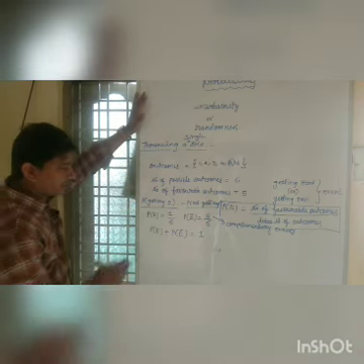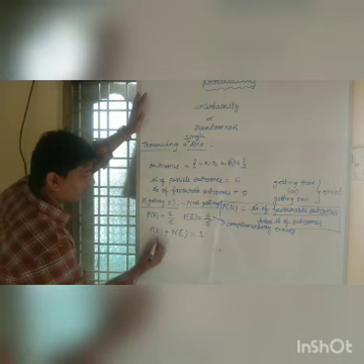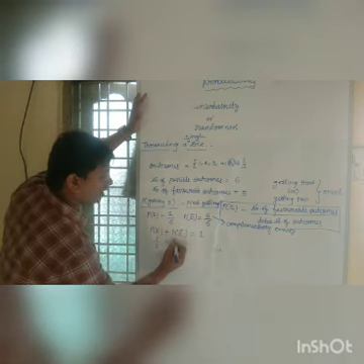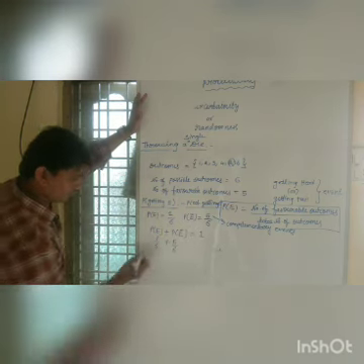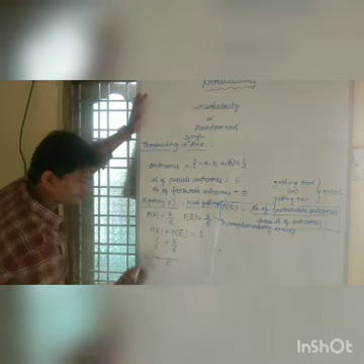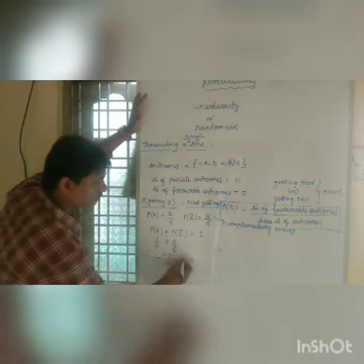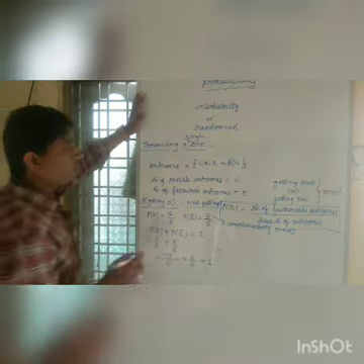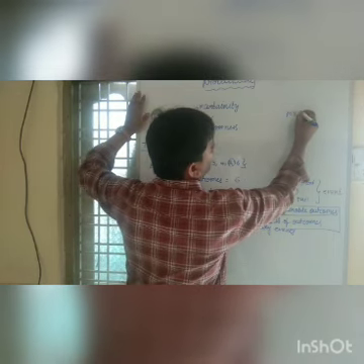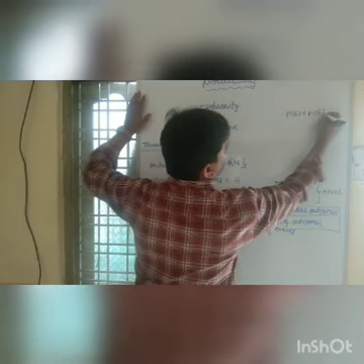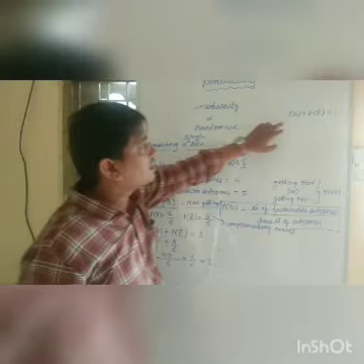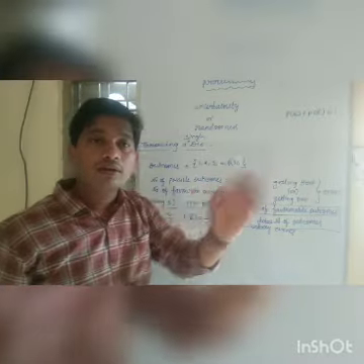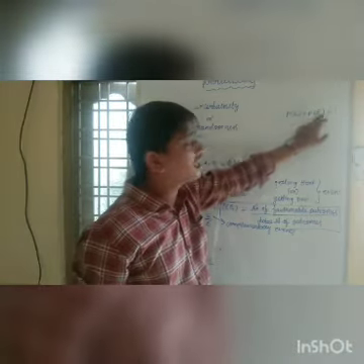If you want to check it, probability of getting a number 5 is 1 by 6 plus probability of not getting a number 5 is 5 by 6. As the LCM is 6, 1 plus 5 is 6 by 6, which is equal to 1. So the very important formula is P of E plus P of E bar is equal to 1. E in the sense getting number 5, and E bar is not getting number 5.